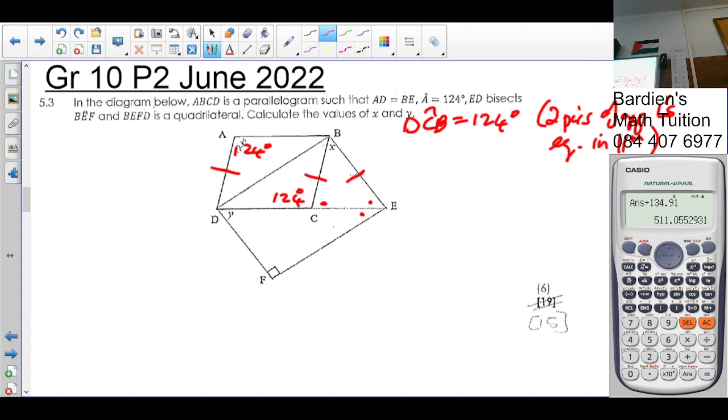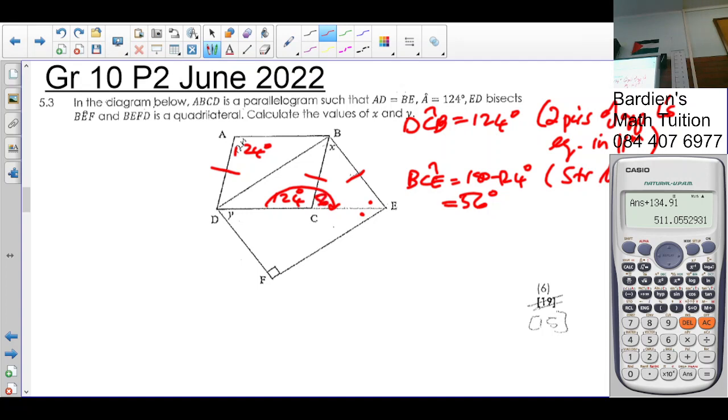So now I can calculate this angle by working out angles on a straight line. BCE is equal to 180 minus 124, angles on a straight line. That gives you 56 degrees here.